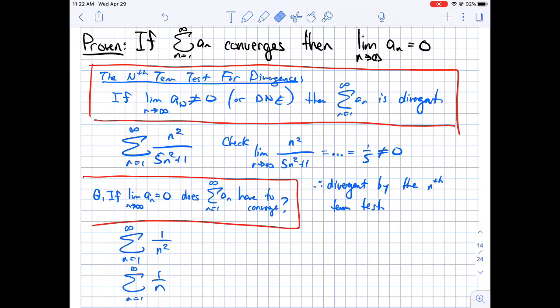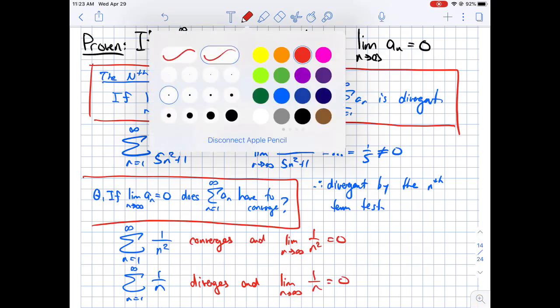So let's summarize that. For this first one, this one converges, and we have that the limit as n goes to infinity of a sub n, which is 1 over n squared, is 0. However, the second one diverges and also has a limit of the terms being added up that is 0.